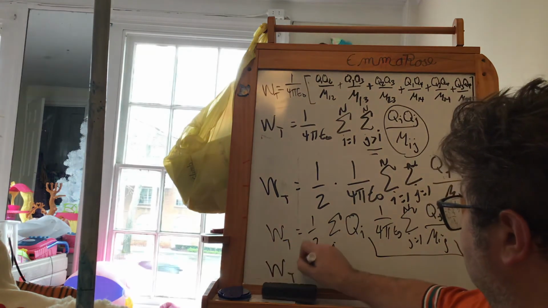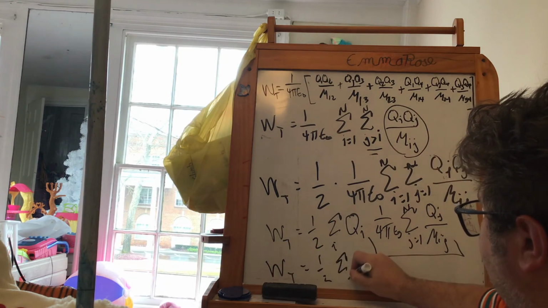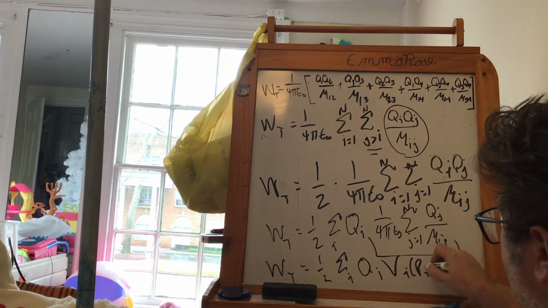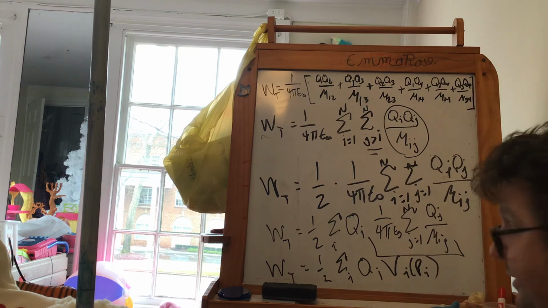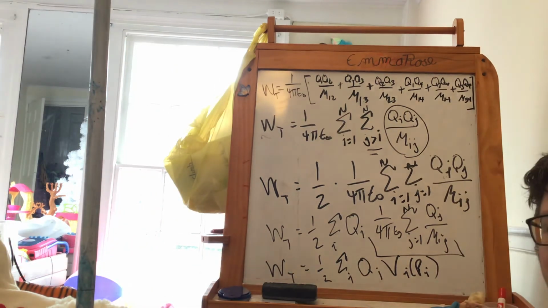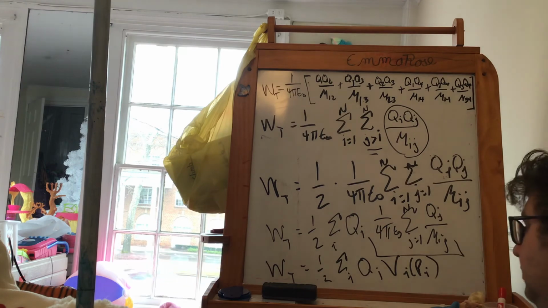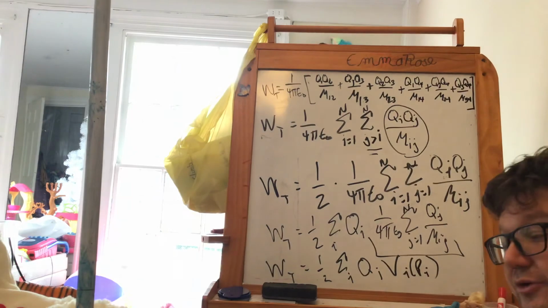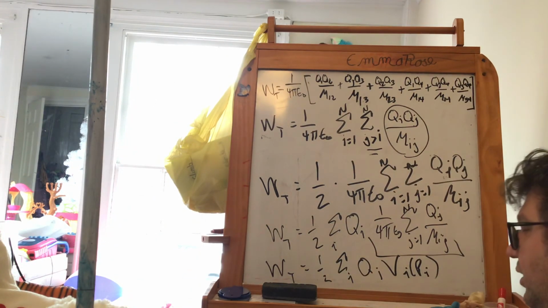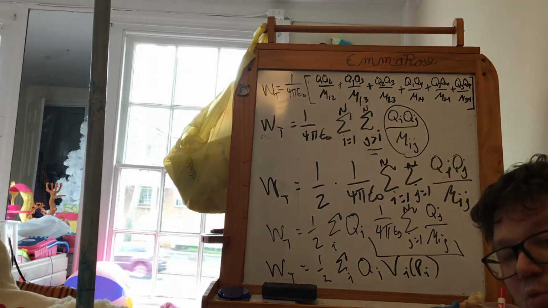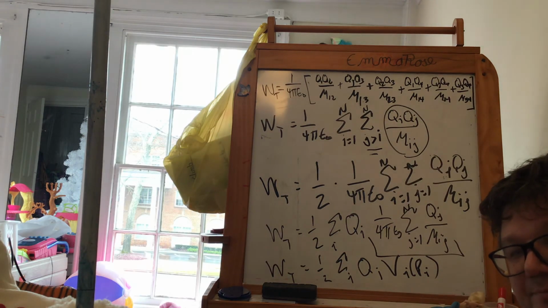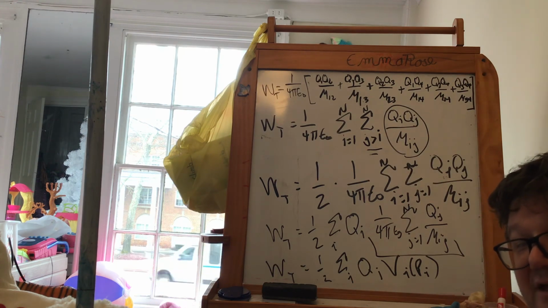So then it is 1/2 the sum of i q_i V_i. So basically, the amount of work that it takes to build this thing up is Q times V, right? And because we're including our Q in the V that we're looking for, we have to make sure that we avoid this double counting by multiplying it by 1/2. That tells us the amount of energy stored in a charge distribution.